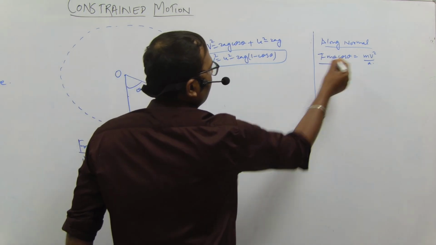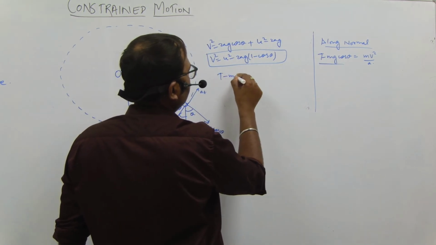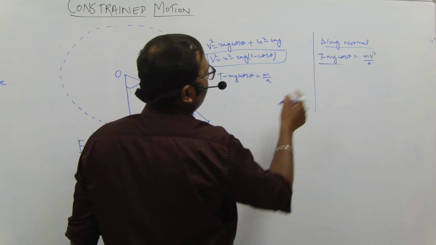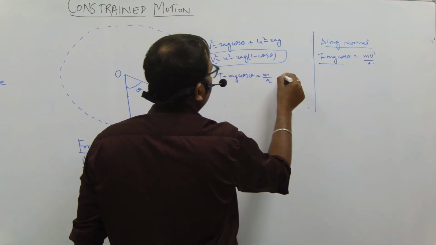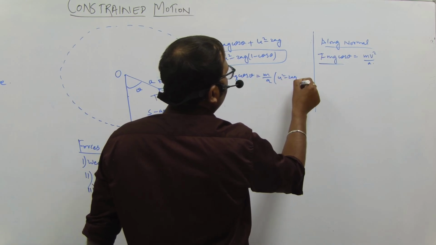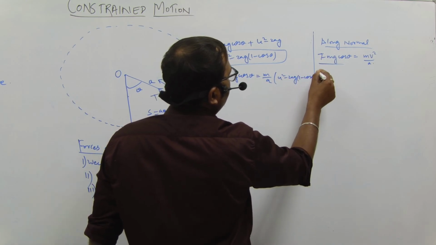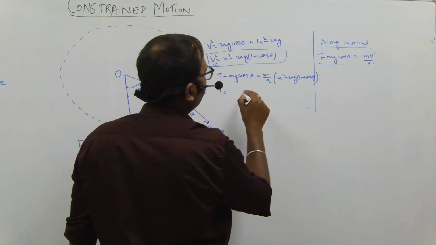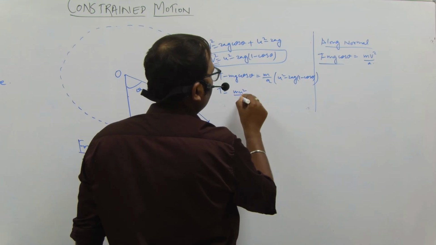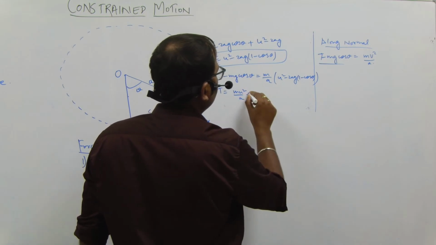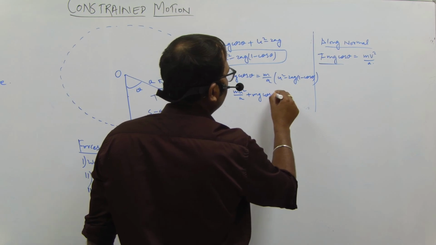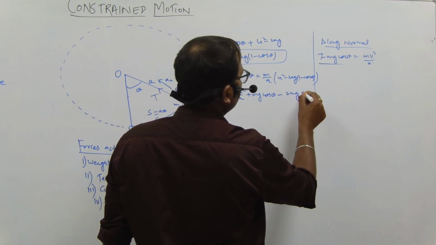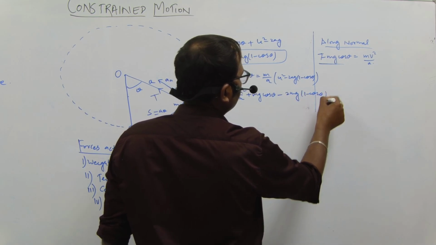So from here we have T minus mg cos theta is equal to m upon a into v square. So v square value is this one, u square minus 2ag, 1 minus cos theta. Okay. So we have T is equal to mu square upon a plus mg cos theta minus 2 mg 1 minus cos theta.